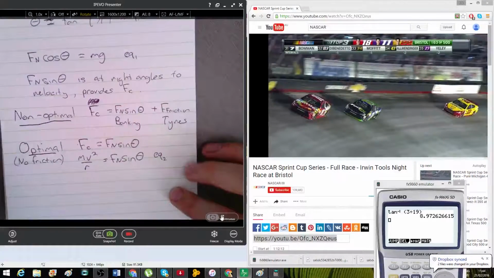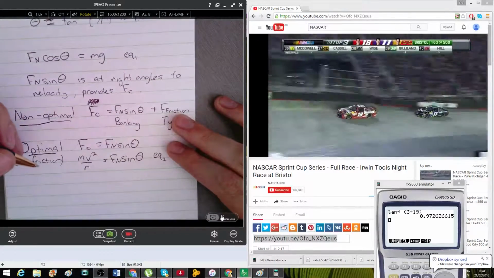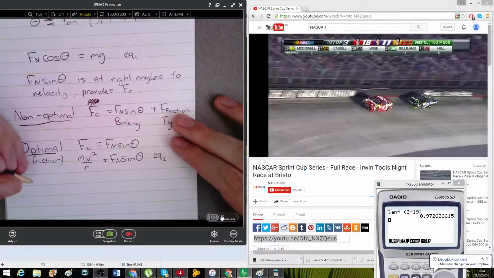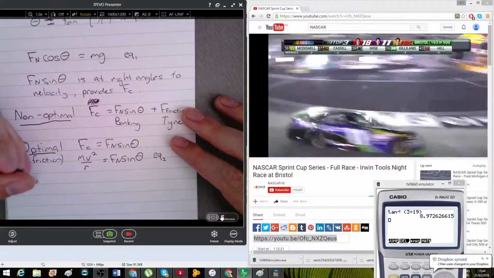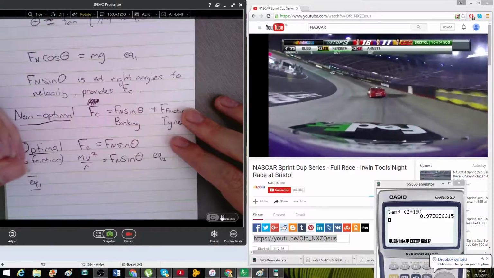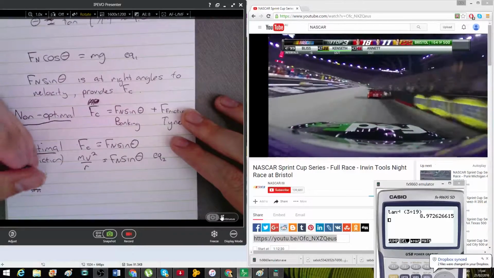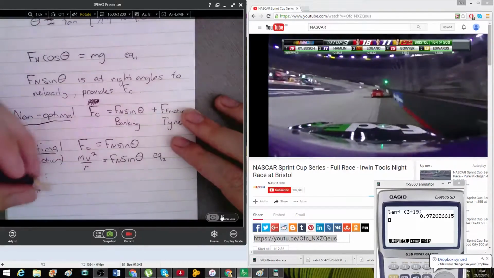What I'm going to do is take both equations and divide them. Equation 2 over equation 1.